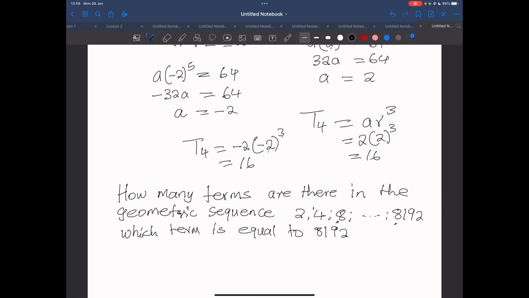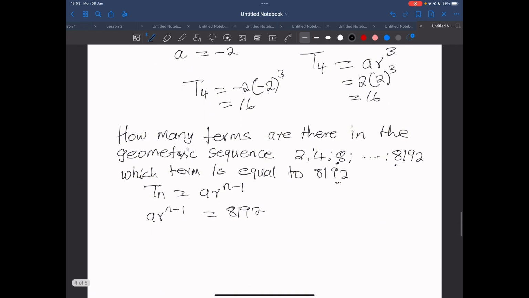So remember, we said that the general term, term n, is a r exponent n minus 1. In this case, the 8192 is the nth term. So we will say our nth term, which is ar exponent n minus 1, is 8192.